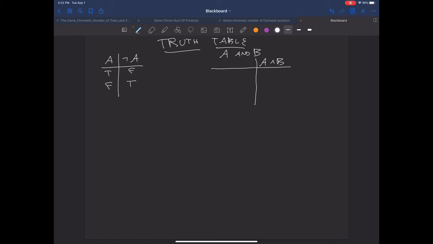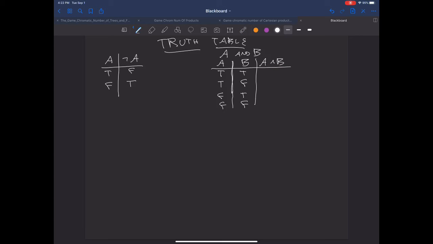Let's look at A and B. We're going to need two different statements over here, both A and B. We're going to have to represent all the possible truth value combinations for those. Usually the way this is done is true, true, false, false for A, true, false for B. And we look at, for both of these combinations, when is A and B true?